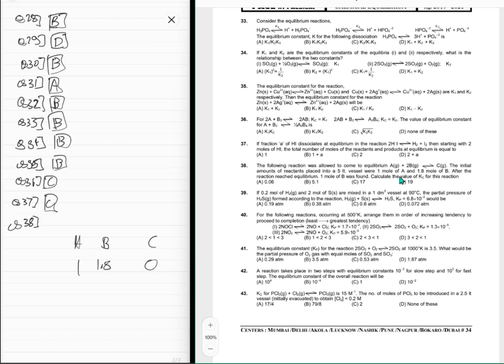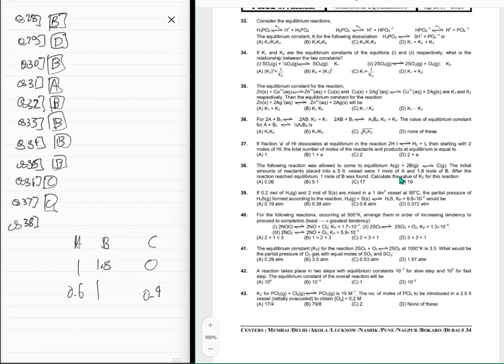After the reaction reached equilibrium, 1 mole of B was found, so that means 0.8 mole of B was consumed, which means 0.4 moles of A was consumed and 0.4 moles of C were produced. That's how it should be. Calculate the value of Kc.